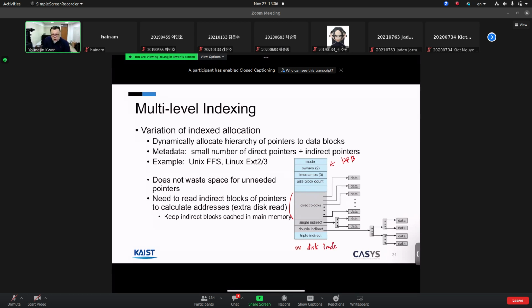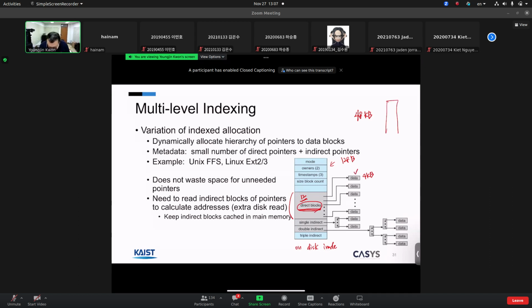Within the 128 byte inode, there is an array called direct blocks, typically 12. Each data block is 4 kilobytes, so with 12 blocks, if the file size is less than 48 kilobytes, then these direct blocks are used for locating the data.